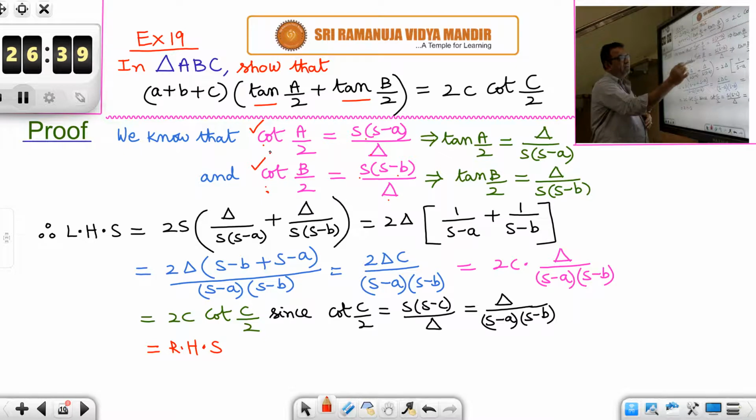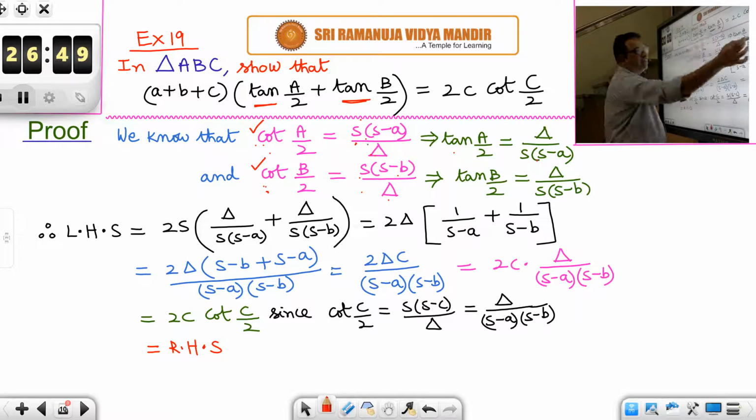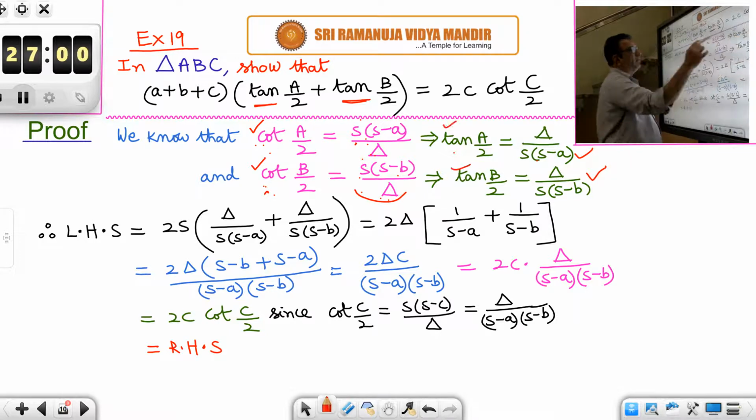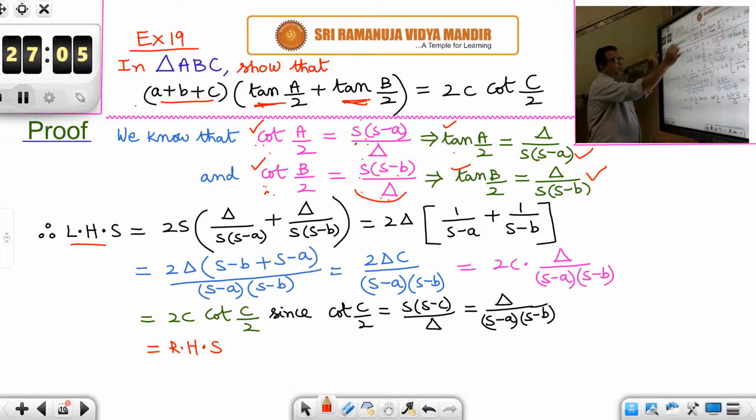I have mentioned already that the time has come to use these formulae. Cot A by 2, cot B by 2, you know, means tan A by 2 is nothing but just the reciprocal, is it not? Therefore, cot A by 2 is this one, means tan A by 2 is what? Delta by S into S minus A. That is what I have written. Similarly, cot B by 2, this formula means tan B by 2 is delta by S into S minus B. These values for tan A by 2, tan B by 2, I will substitute here in the bracket. So I take the left hand side. A plus B plus C is of course 2S.